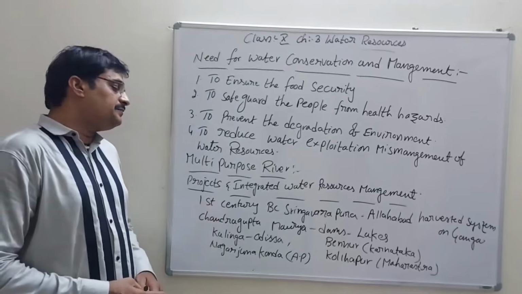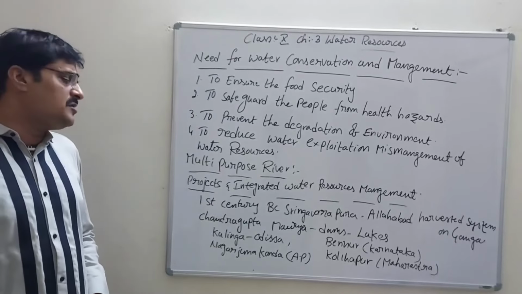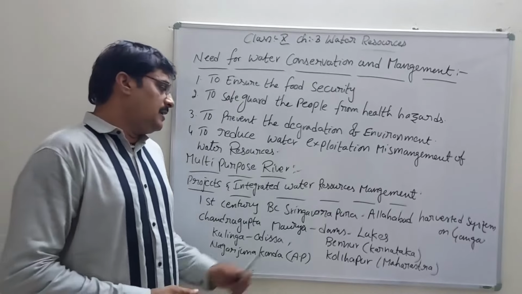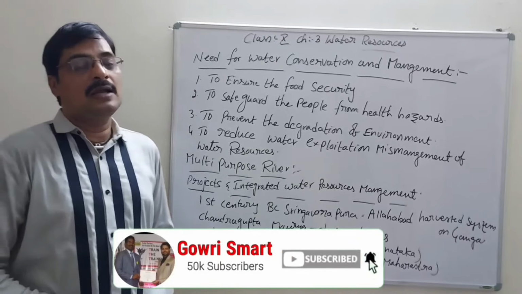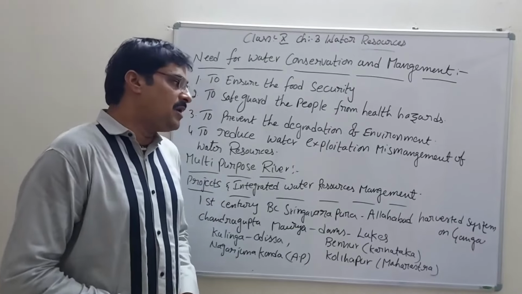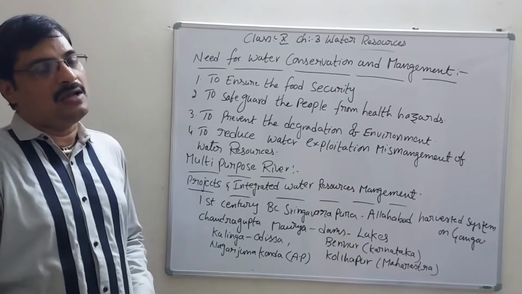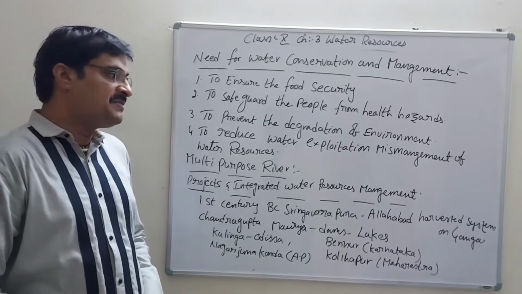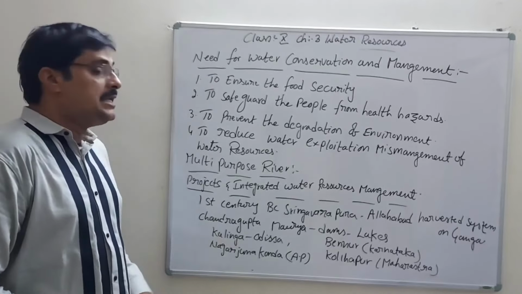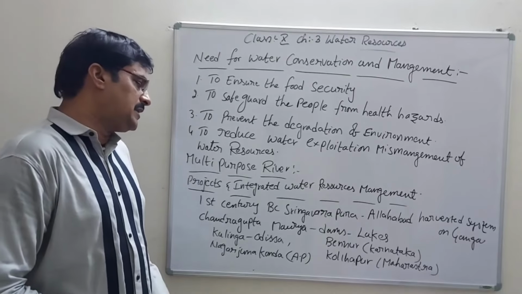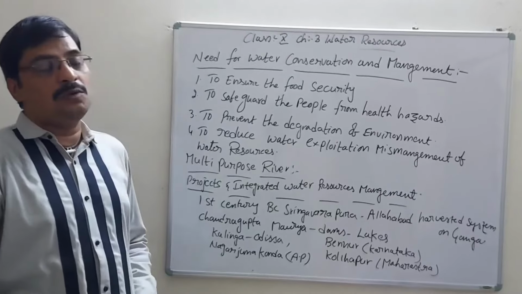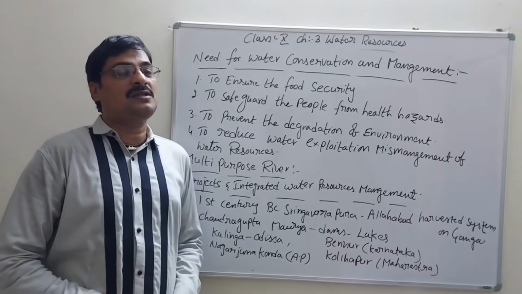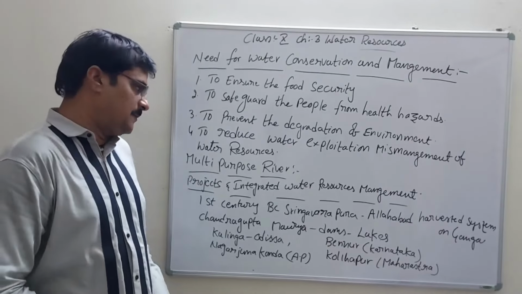In the 1st century BC, Sringaverapura, the king in Allahabad, wanted to harvest the water of the Ganga. Chandragupta Maurya also tried to construct dams on lakes.